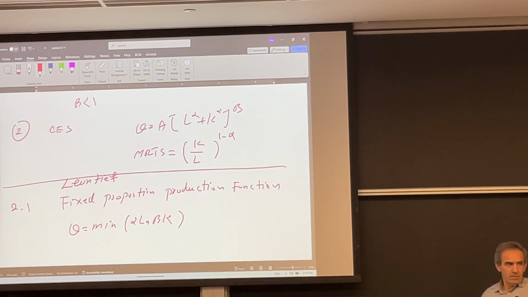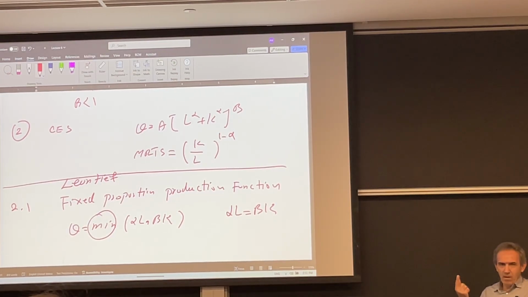Make sense? That production means the inputs are used in this combination. Anything outside that combination does not produce anything, so anything outside that is inefficient. And since we assume production is efficient, we're going to stay on that line. Say, Uber driver.